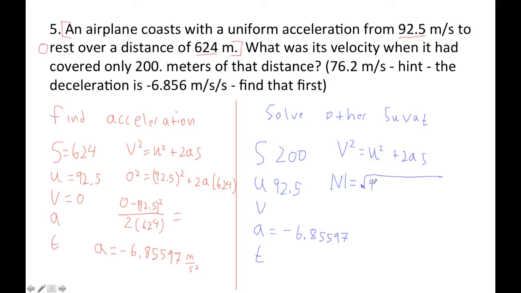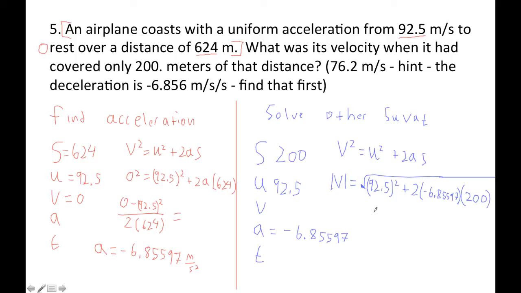And then this is 92.5 squared, right, plus 2 times negative 6.85597. I really could have said 68556 and been just as good, but I started writing it. And then times s, which is 200. Sorry I'm writing so slow, but this pen is just going crazy on me. Okay, so now we're set.